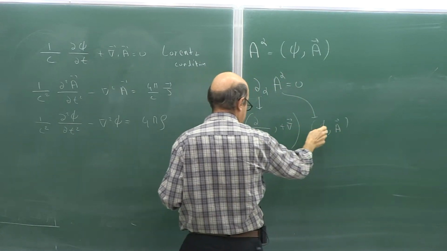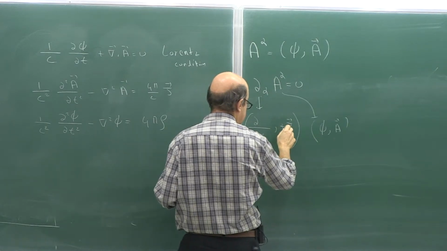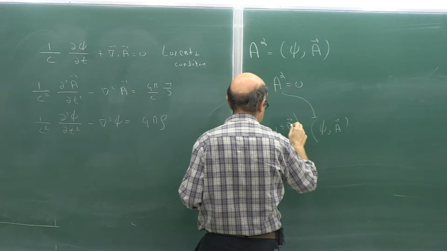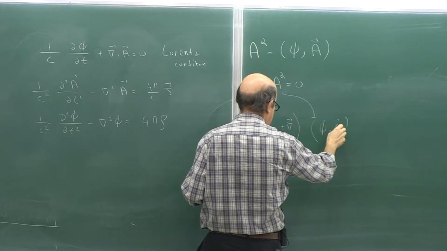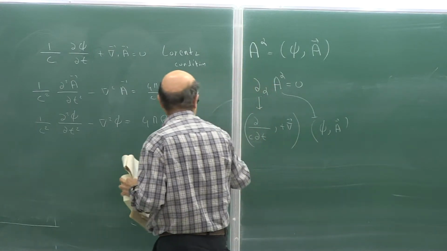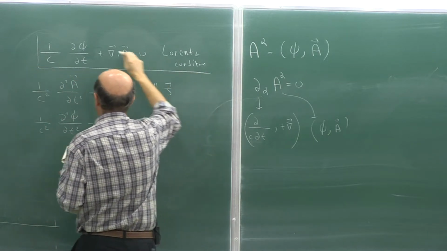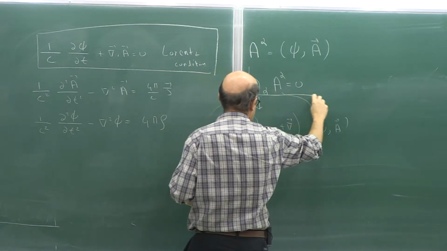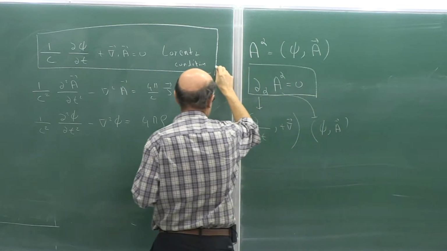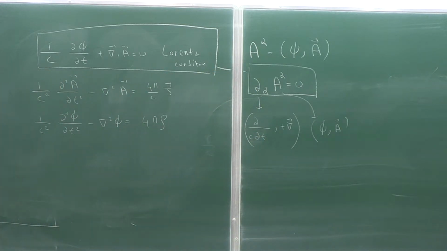You will take the derivative of the scalar potential with respect to t, times 1 over c, plus the divergence of A, or del over del x of A x, del over del y of A y, and so on. So this is nothing but the Lorentz condition. And as we said, this is covariant. In all frames they are the same. The form doesn't change.